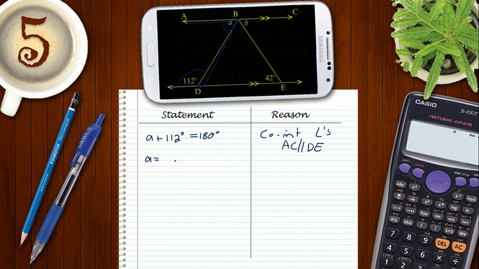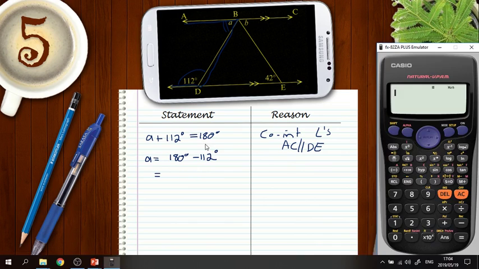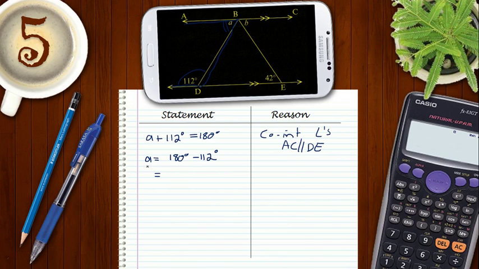So a is equal to 180 degrees minus 112 degrees. If we just solve for that, 180 minus 112 is equal to 68 degrees. And then we've got b to solve for.